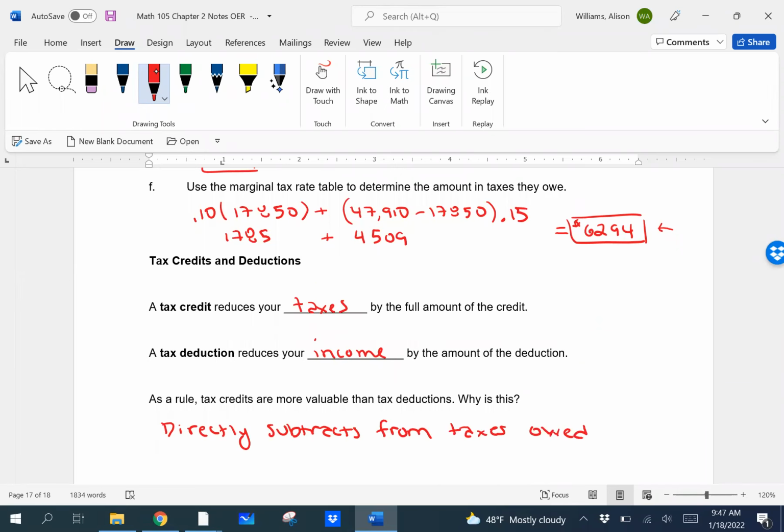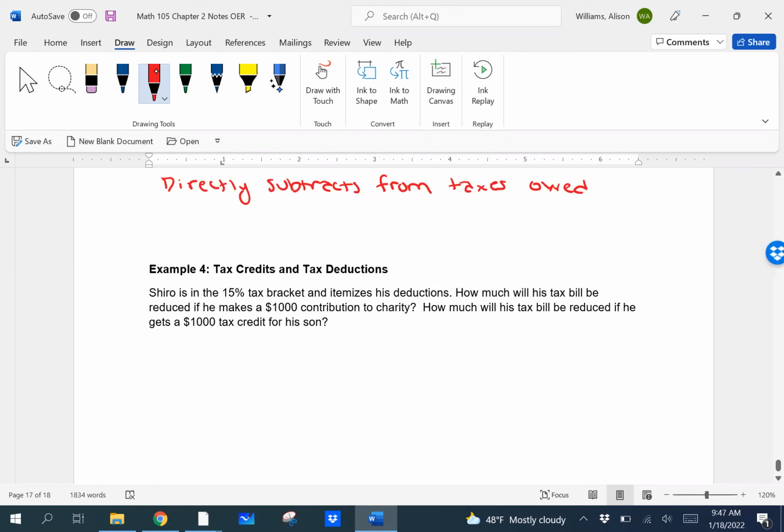Shiro is in the 15% tax bracket and itemizes his deductions. What will his tax bill be if he makes a $1,000 contribution to charity versus his tax bill if he gets a $1,000 tax credit for his son? For the $1,000 contribution, since he's in the 15% tax bracket, he's going to end up only getting a benefit of $150, because they're taking it away from his income.